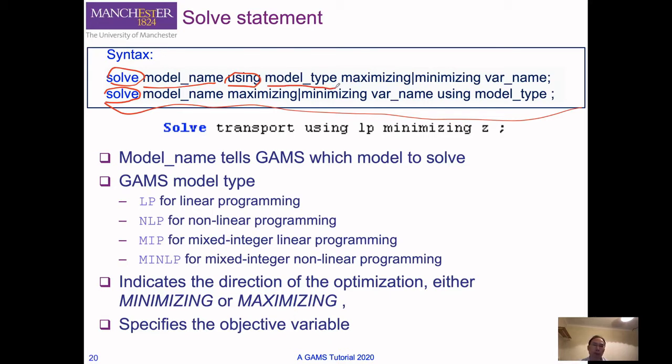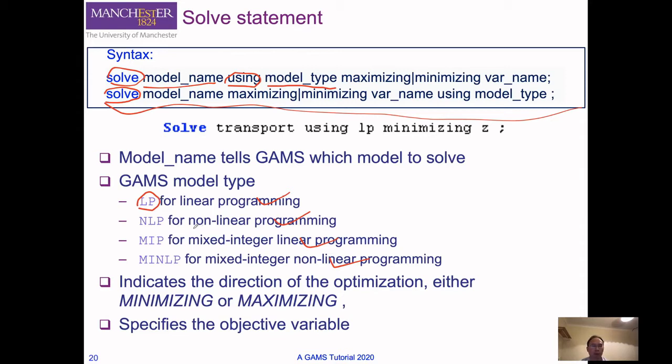In GAMS, there are several model types, including linear programming model, nonlinear programming model, mixed integer linear programming model, and mixed integer nonlinear programming model. If the model is a linear programming model, then LP is used in the solve statement to denote the model type.